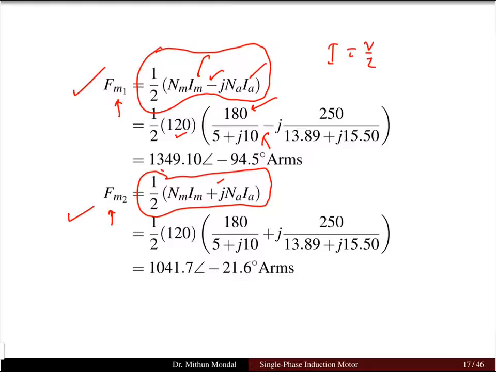Again, the auxiliary current we can obtain is basically V by Z. For the auxiliary, the impedance is already given. So the data that is given in the problem we can substitute here and find the MMF of the main winding and the MMF of the auxiliary winding, for the positive and negative cases.